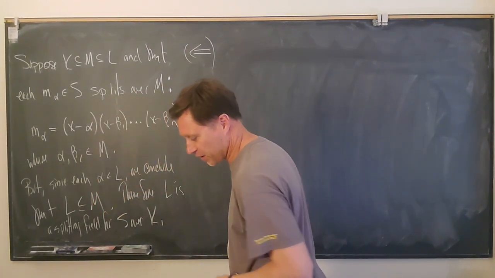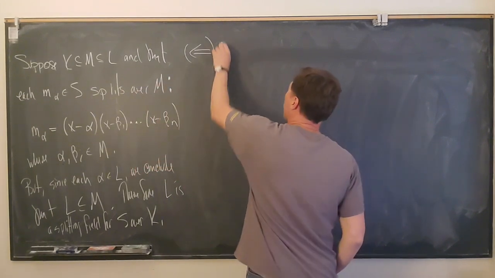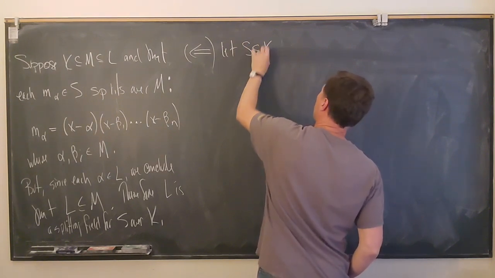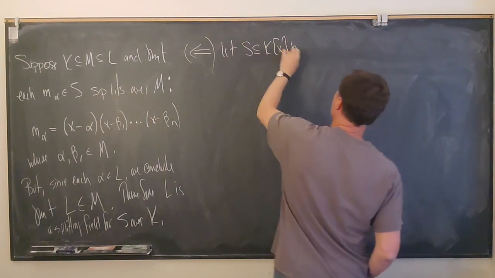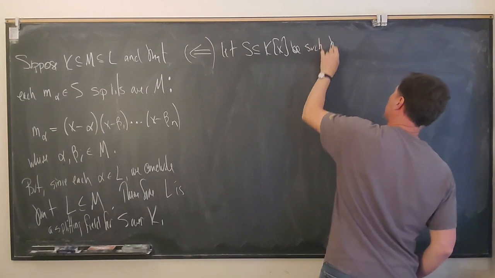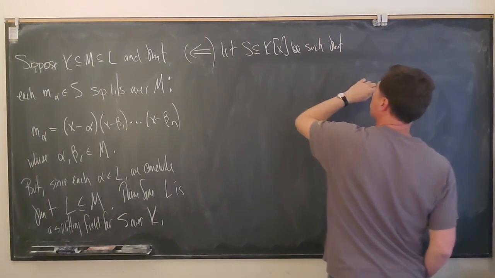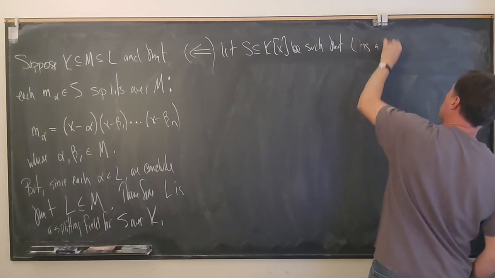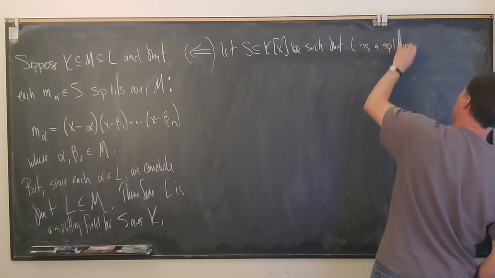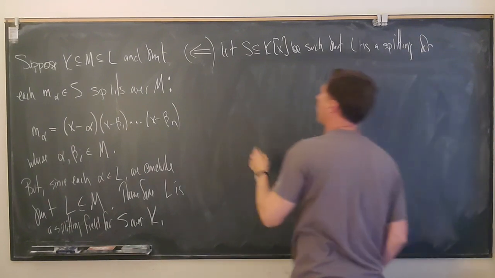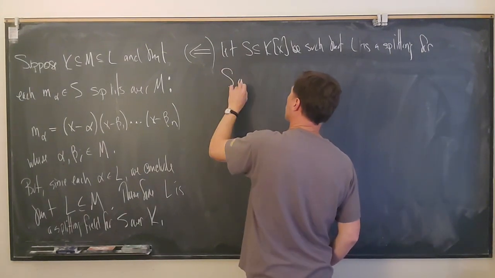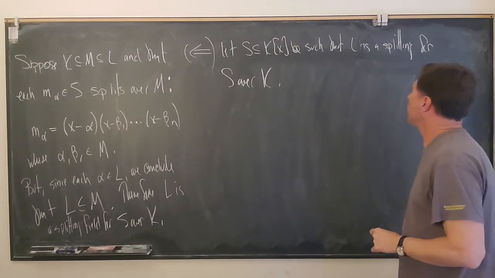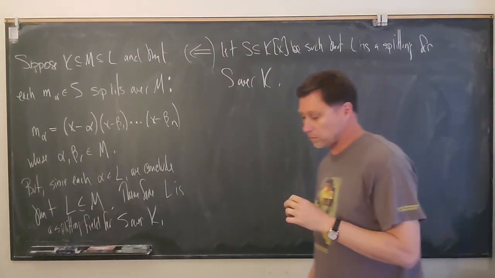So in the reverse direction, now what we're going to do is let's find our S. So let S subset K bracket X be such that L is a splitting field for S over K. And then our job is to show that the extension L over K is normal.